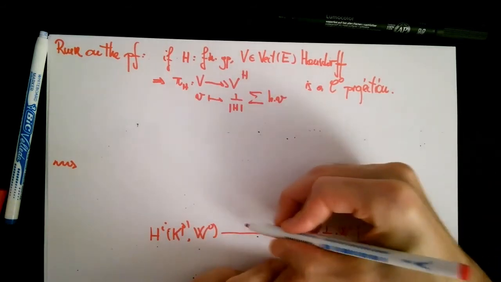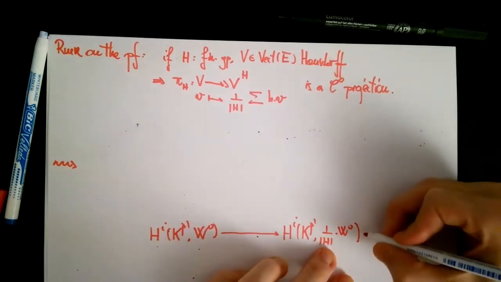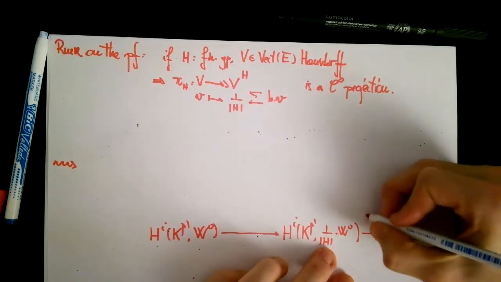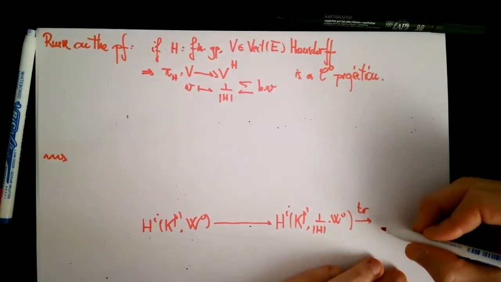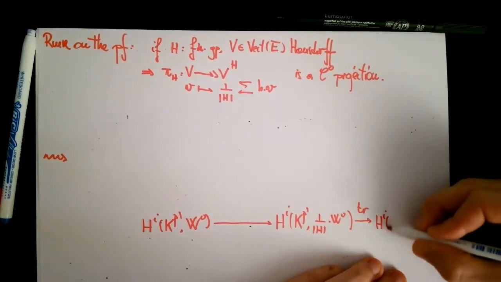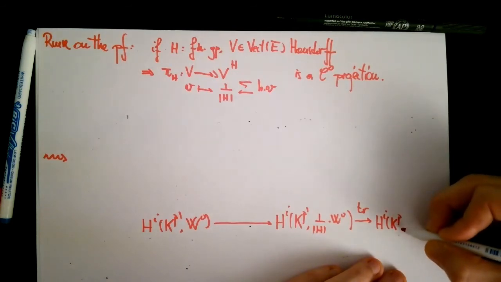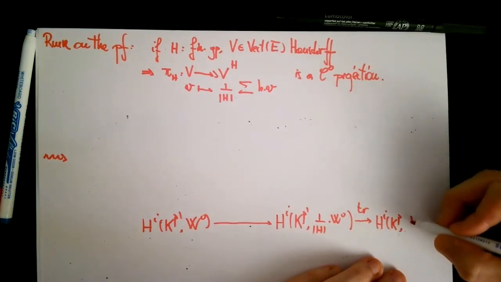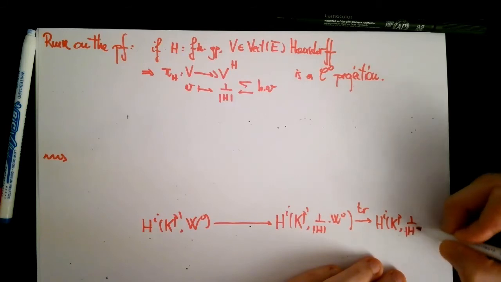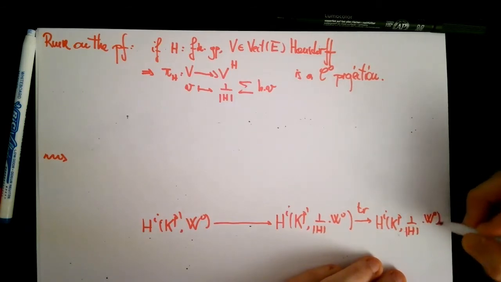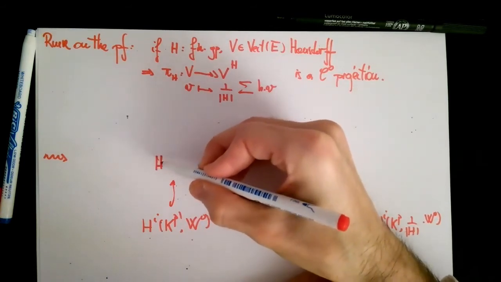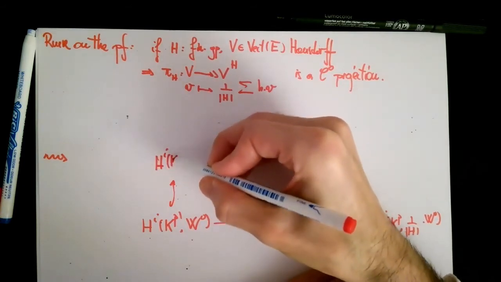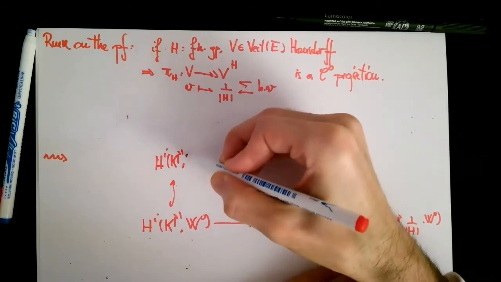So this is the multiplication by 1 over H. And here I have the trace map, which comes from the fact that I have a Galois cover. So here I have H^i K^p and here 1 over H W naught. And then here I have H^i K^p prime W.